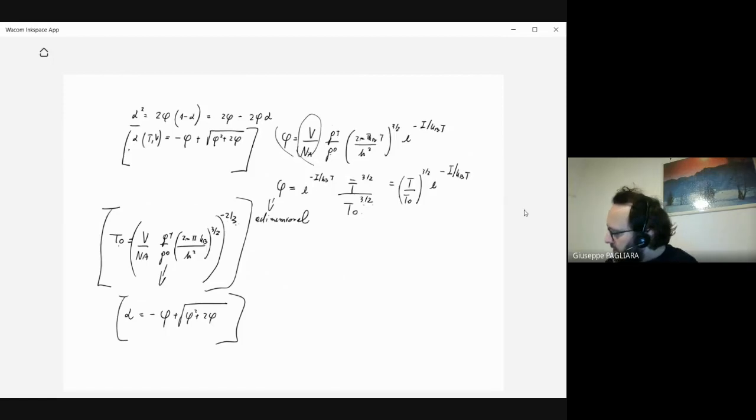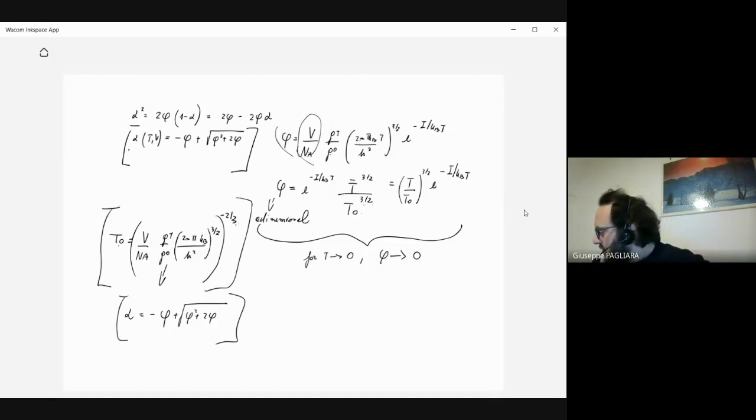And now we can see that this function phi, let's work out the limits in which the temperature is small and the limit in which the temperature is large. For T going to 0, you see that phi is also going to 0 because you have exponential suppression to this, right? And then you have an additional T to the power of 3/2, so it's going to 0. For T going to plus infinity, so large temperature, phi is also going to plus infinity.